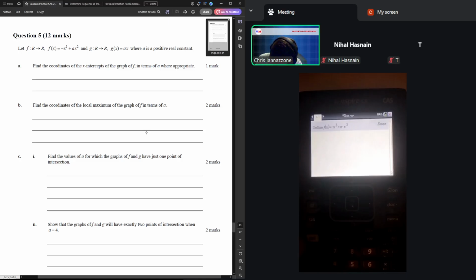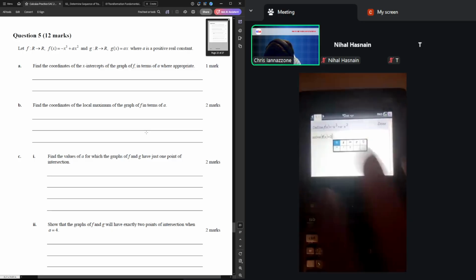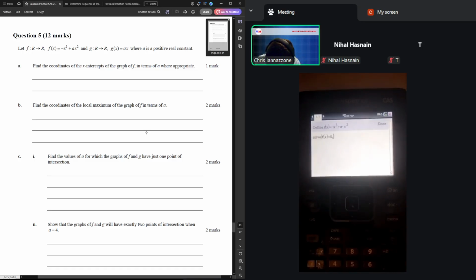And then yeah, f of x equals 0. x equals a or x equals 0, which you also probably could have solved by a quick factorization, but it's good to have it in the CAS anyway.